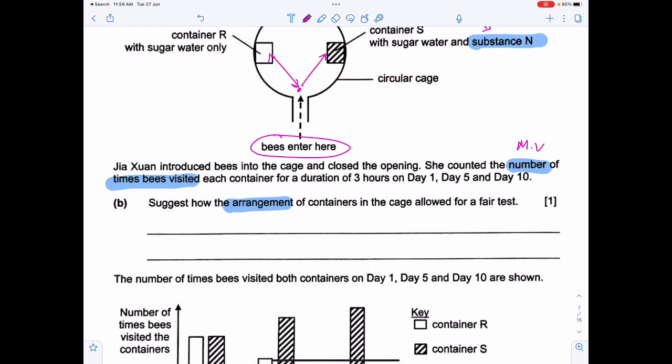So how would you pen it down? The bees will need to travel the same distance to both containers from the entrance.